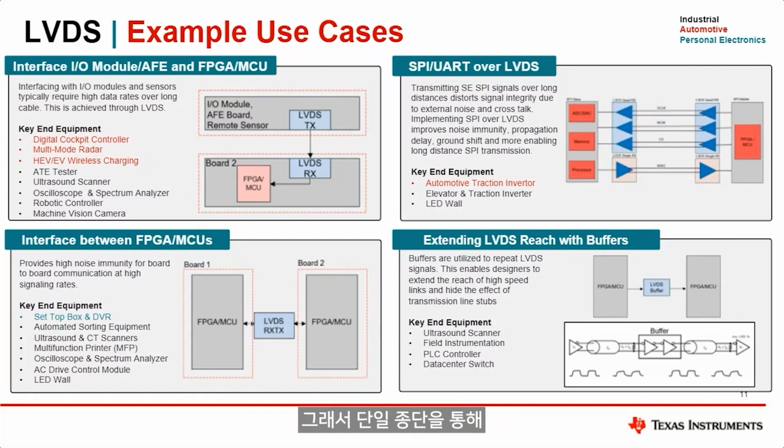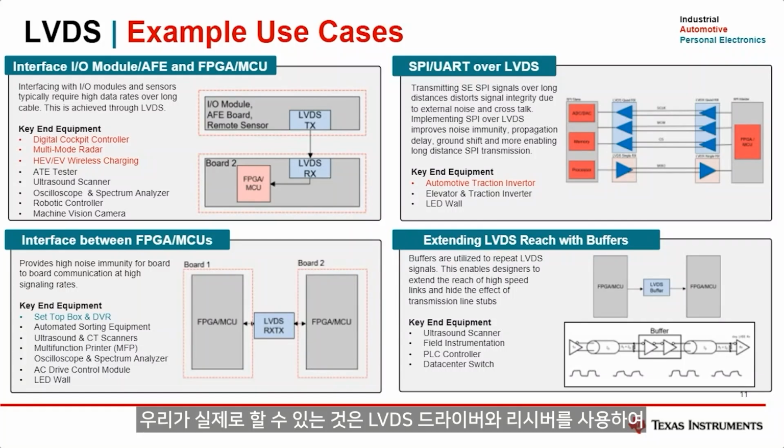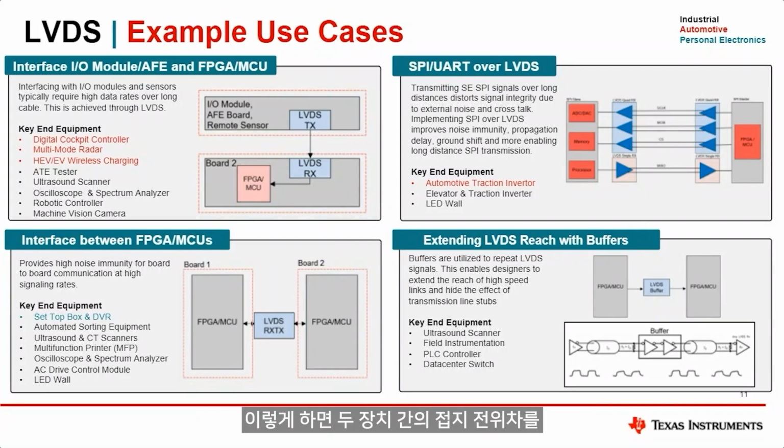The concern with this is that transmitting over single-ended SPI signals will have those drawbacks I discussed before. What we can actually do is implement each lane of SPI to differential LVDS using LVDS drivers and receivers. This will allow for ground potential differences between the two devices. It will also allow for much greater signal integrity during transmission.